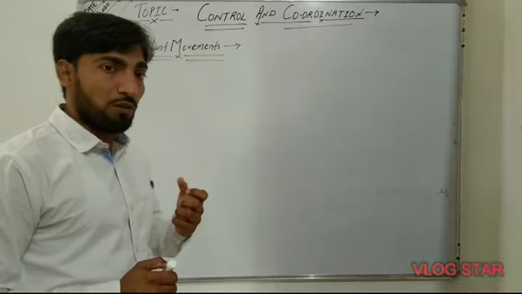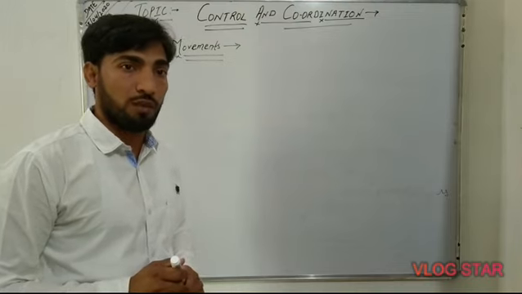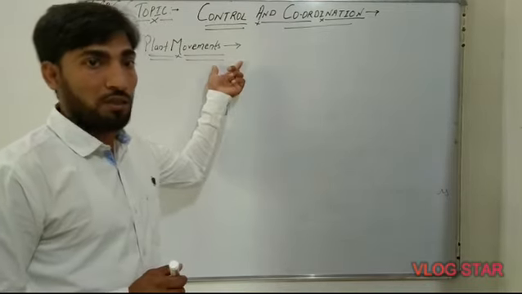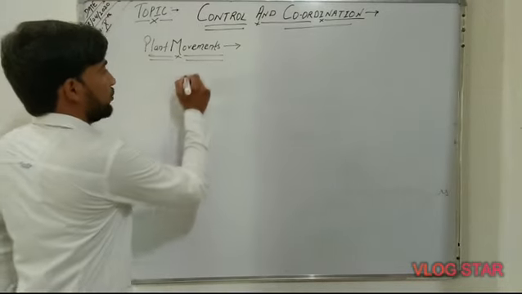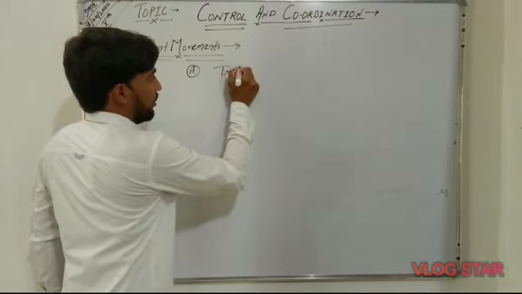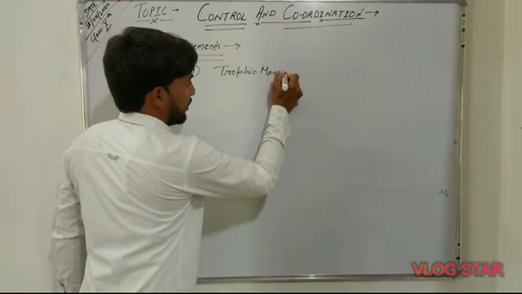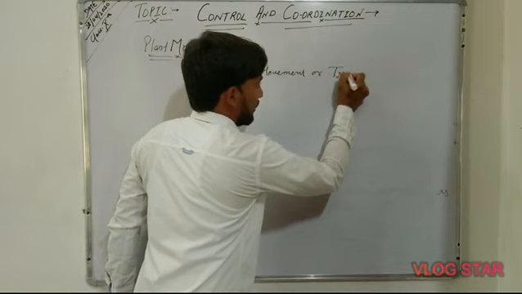This movement of plant organs or plant parts in response to some stimulus is known as plant movements. Basically, plants show two types of movements. The first is known as tropic movements, or simply tropism.